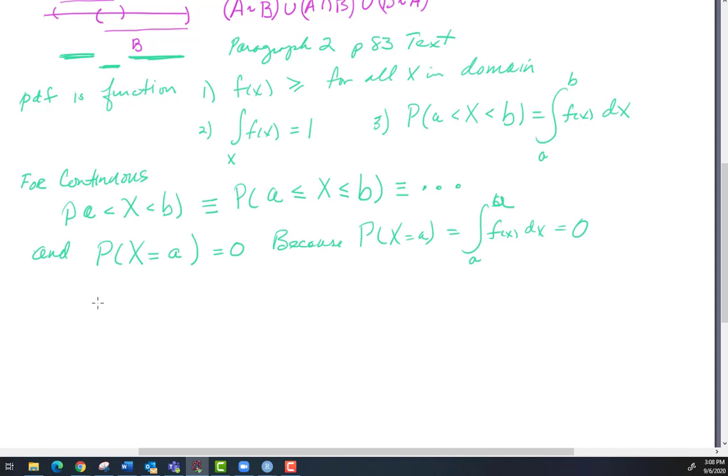So those are things that are not true for discrete random variables, but we learn they are true for continuous random variables. Now let's get on some examples here.